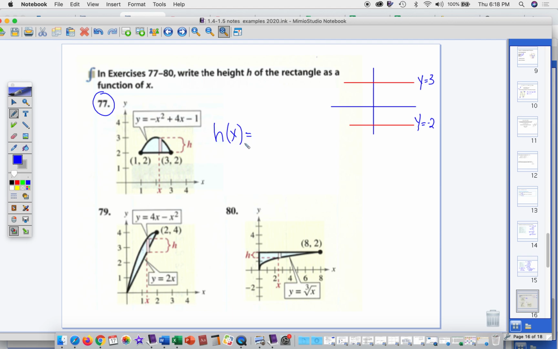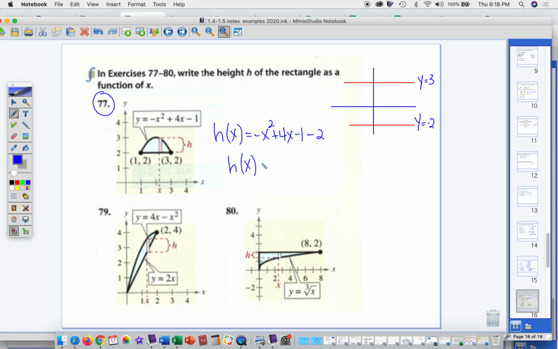So our function comes from taking the upper function and subtracting the lower. Our upper function is negative x squared plus 4x minus 1. That's my upper function, and I'm subtracting 2 away from that.